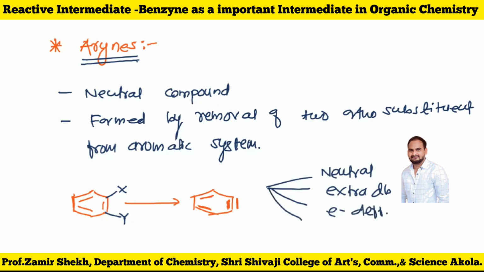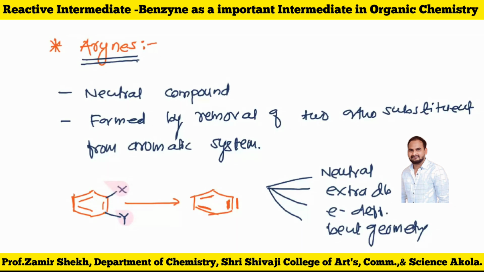And the triple bond has a bent geometry. It appears by removing just two ortho substituents. So if I remove the two ortho substituents from any arene, it will form a benzyne now.